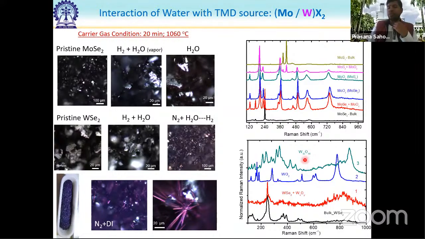You can see W20O58, which means different kinds of sub-oxides form, and it tries to achieve its most stable condition, WO3, tungsten trioxide, which is the most stable phase of the tungsten oxides.